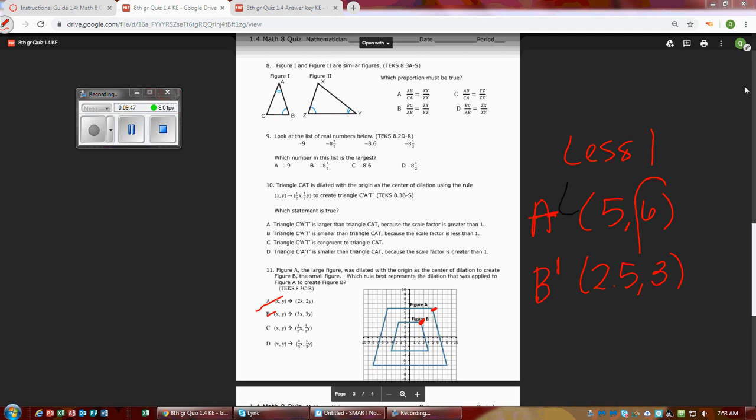We're going to use the y coordinates. Remember, to find scale factor, it's your dilated over your original. So what's my dilated y value? B prime is my dilation, so 3 over my original 6. I simplify it to 1/2. So my answer should have been C.